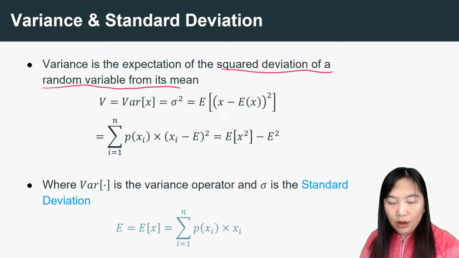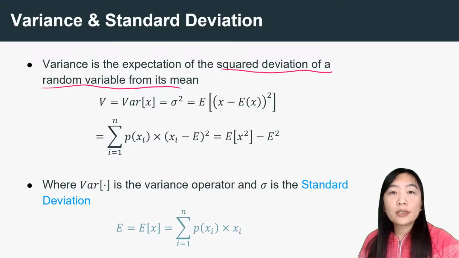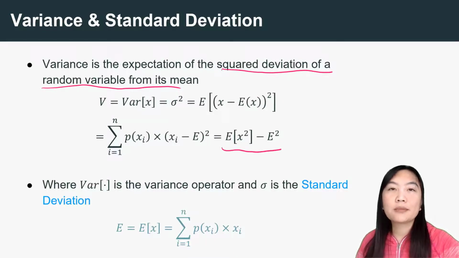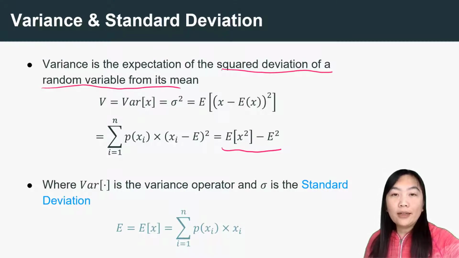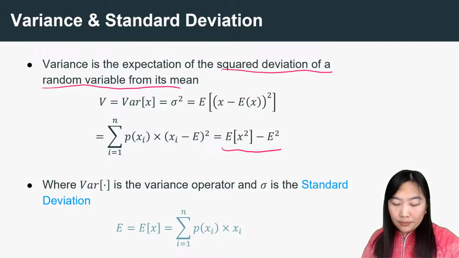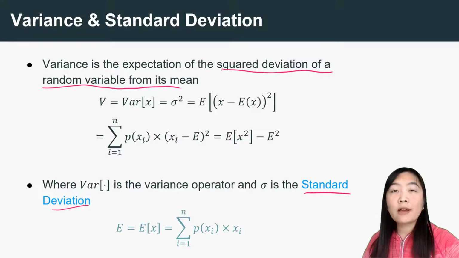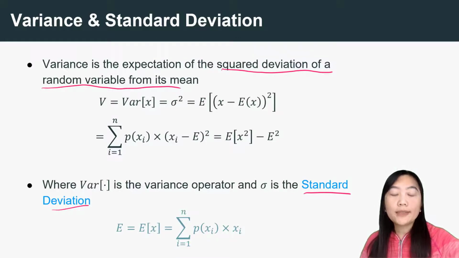I will derive this in a little bit for those of you who are curious, and you can also just trust me and use this expression to calculate the variance. Before that, once you have calculated the variance, you can just take a square root, and that will be the standard deviation.